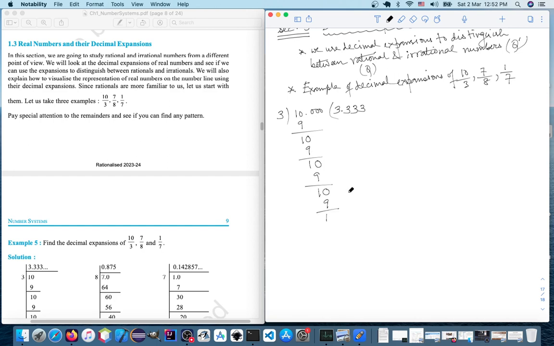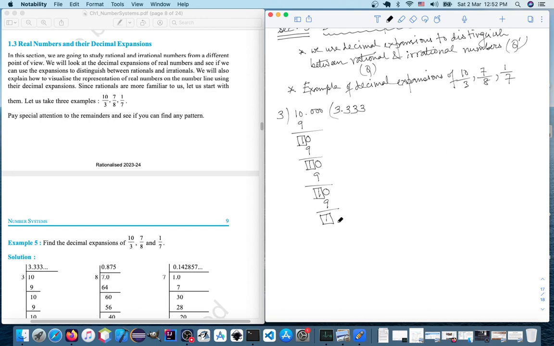We keep on getting the same remainder. I will mark the remainders to make it easy to understand and explain the concept. So the first remainder was 1. Again, the second remainder was 1. The third remainder was 1. The fourth remainder was 1.